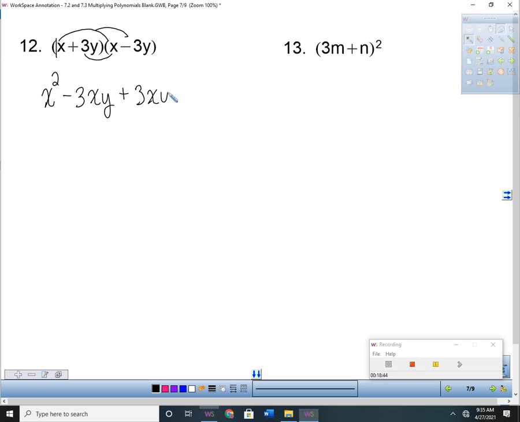And x times y is just xy. And then positive 3y times negative 3y, 3 times negative 3 is negative 9. And then y squared. So again, degrees of 2, we're going to start with the one that's just the x, so x squared. These two are the same exact thing, only opposite signs, so they cancel. And then we have the minus 9y squared.